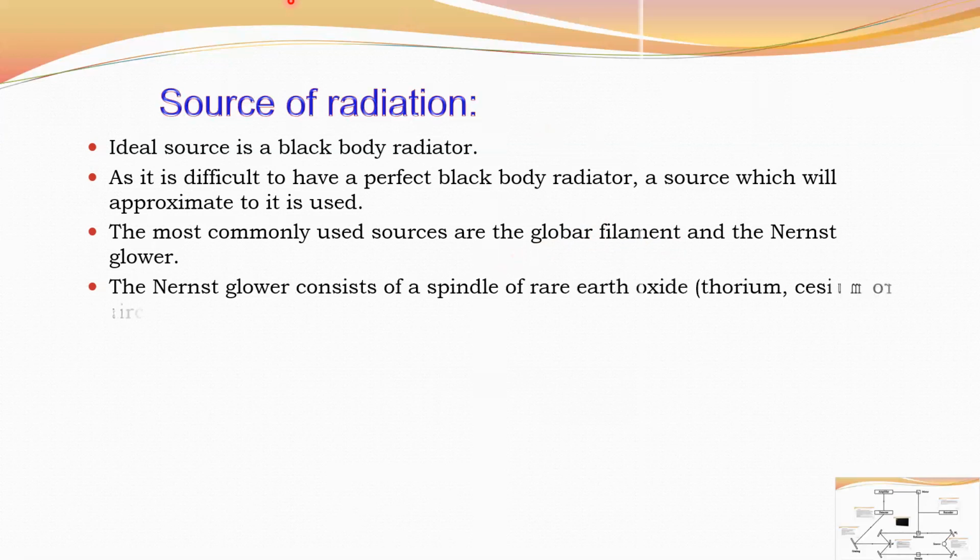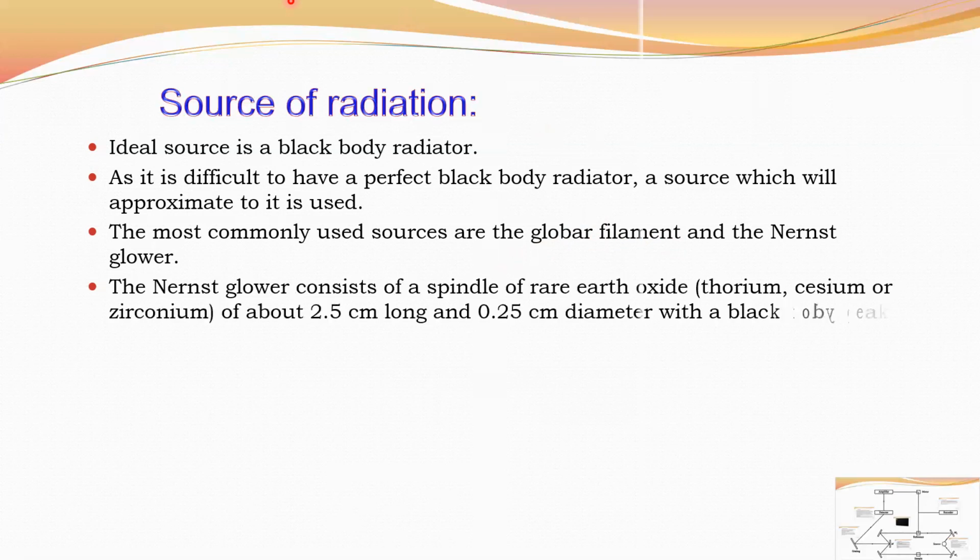The Nernst Glower consists of a spindle of rare earth oxide such as thorium, cesium or zirconium, about 2.5 centimeter long and 0.25 centimeter diameter, with a black body peak around 1.4 micrometer at a temperature range between 1600 to 1700 degree Celsius.